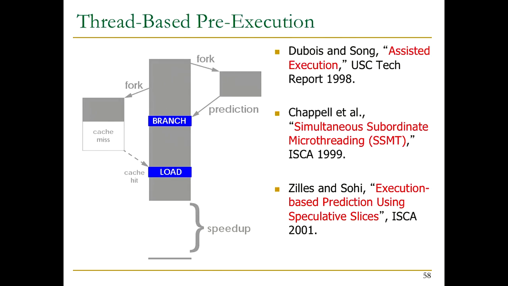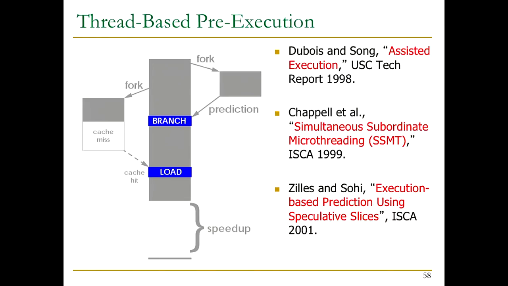This runs in parallel with the main program over here. When the main program gets to the load, it gets a cache hit because the speculative thread executed in parallel with the main program and already prefetched the data. That's the beauty of it.